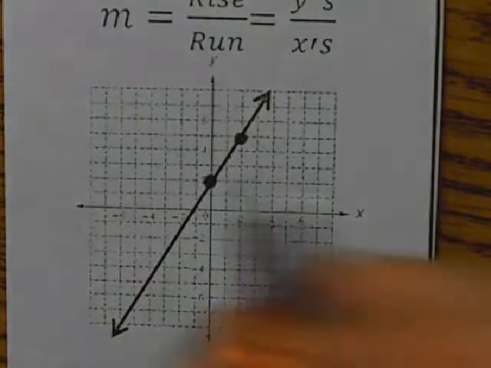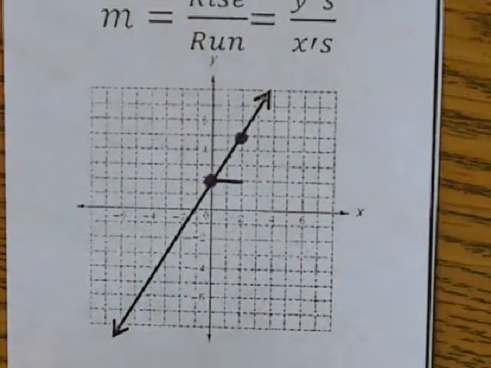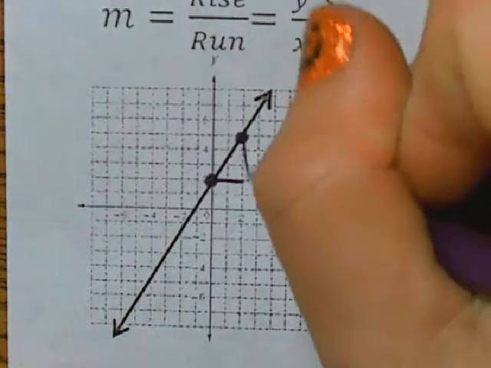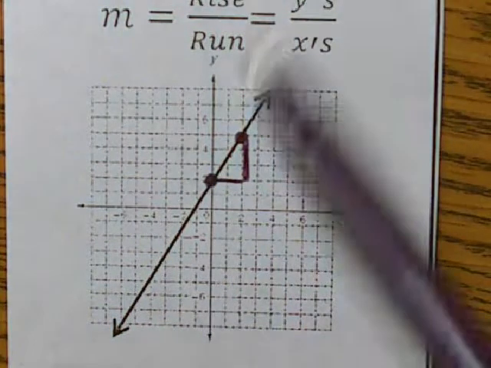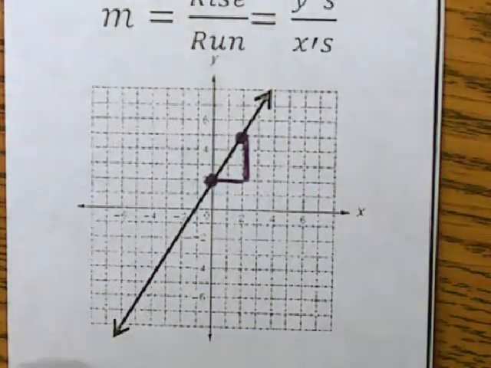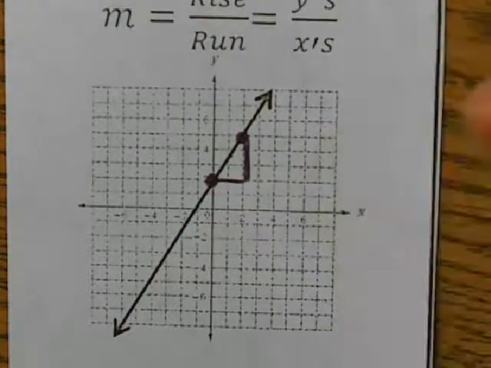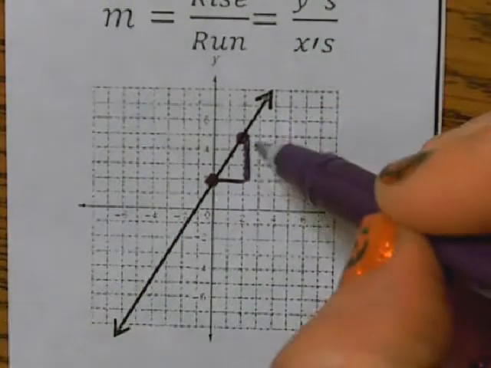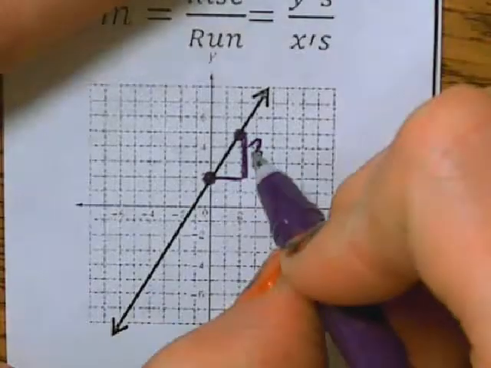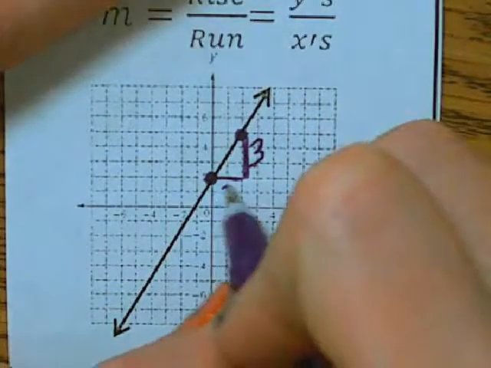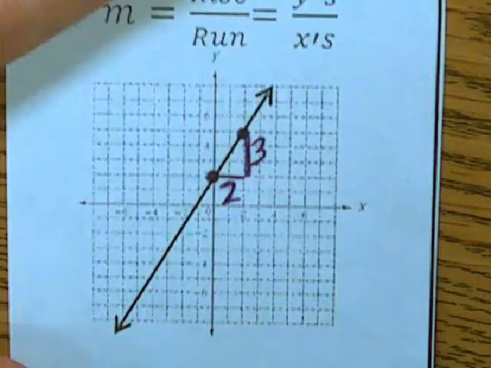Once you make your pretty point, you're going to draw a line across and a line up and down, okay? I'm not going to do any crazy diagonal lines. They're only going to be left and right and up and down lines. And then you're going to say this line rises 1, 2, 3, and it runs 2. Okay?